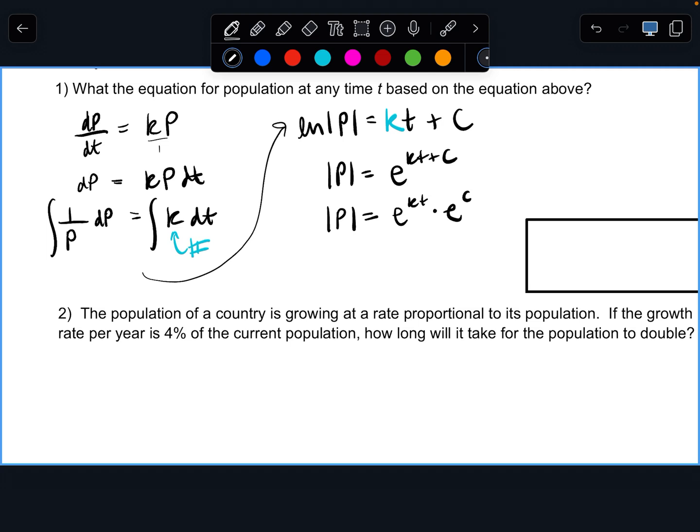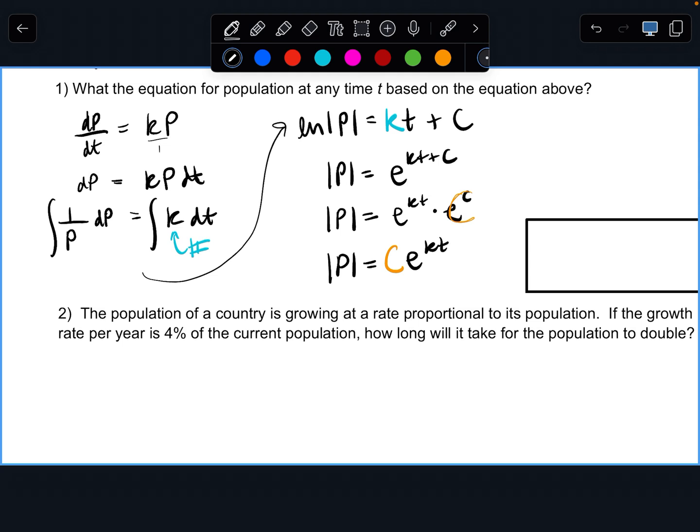And then that e to the c becomes a new and improved C. Yay, okay? Now, because AP is annoying, they like to change sometimes what that variable is. So sometimes they keep it a C, sometimes they like to change it to an A. Maybe I'll just keep it as a C for now, but it would be C e to the kt.